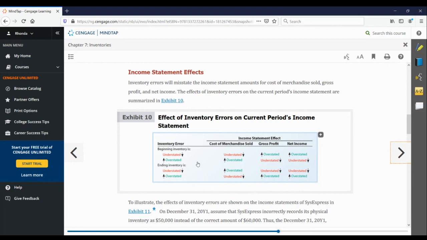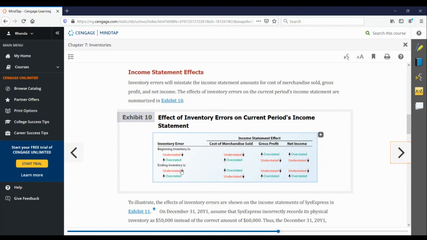You might notice that they also have included beginning inventory here. If you value your ending inventory wrong on your income statement for one period of time, that ending inventory will become the beginning inventory in the next period. And so the beginning inventory will also make the income statement wrong.